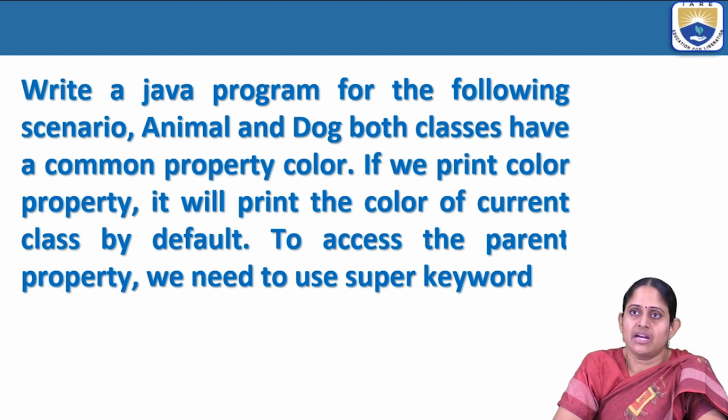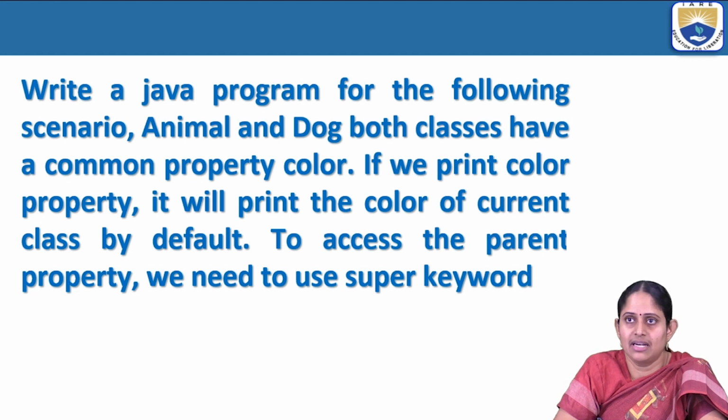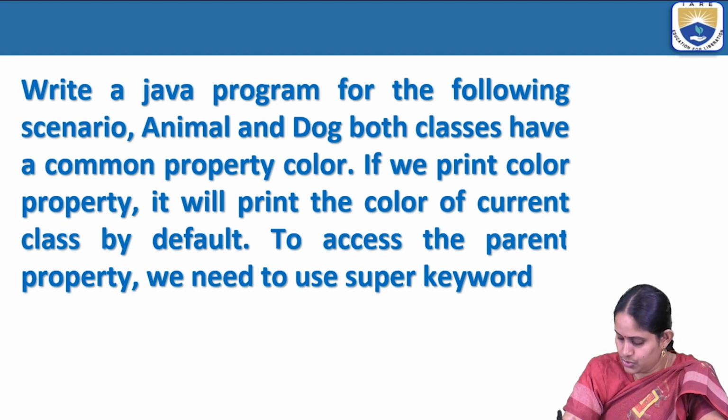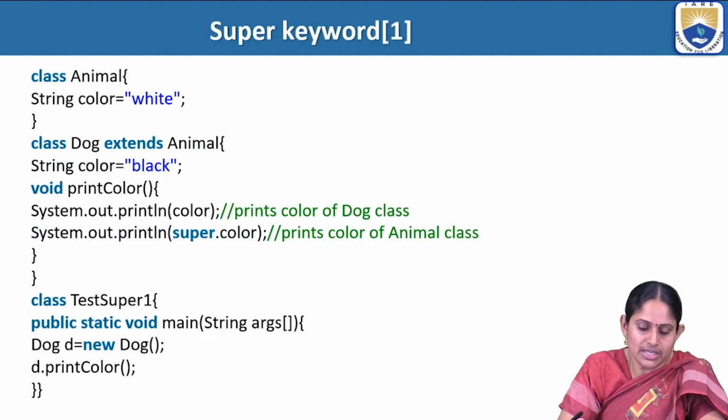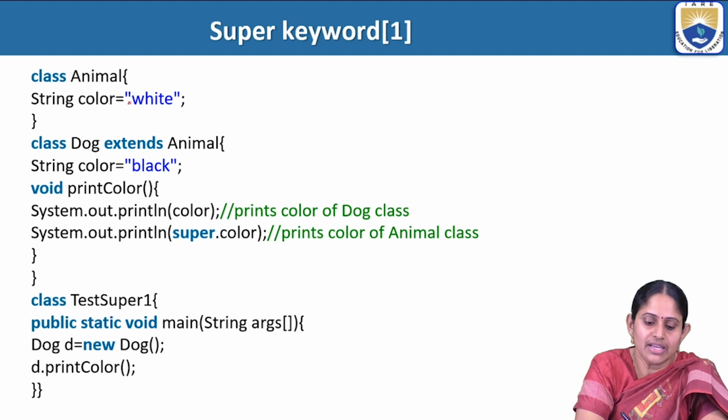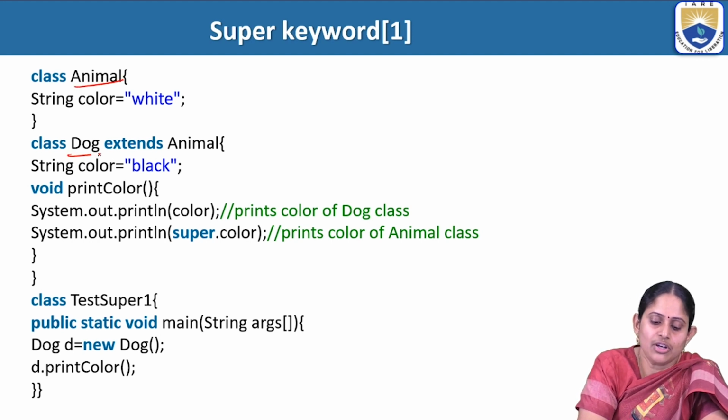Next is to write a Java program for the following scenario wherein animal and dog both classes have a common property color. If we print the color property, it will print the color of the current class by default. To access the parent property, we need to use the super keyword. So here we have a class named animal, and a dog class extends that animal class.